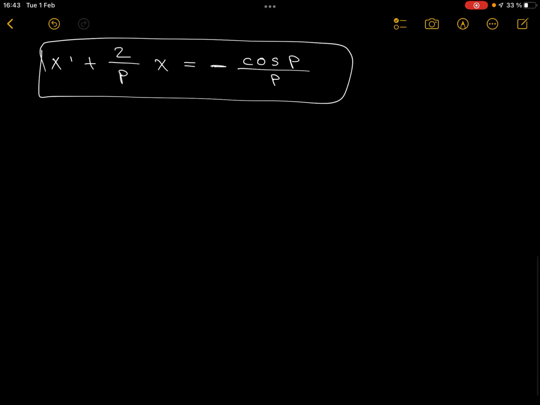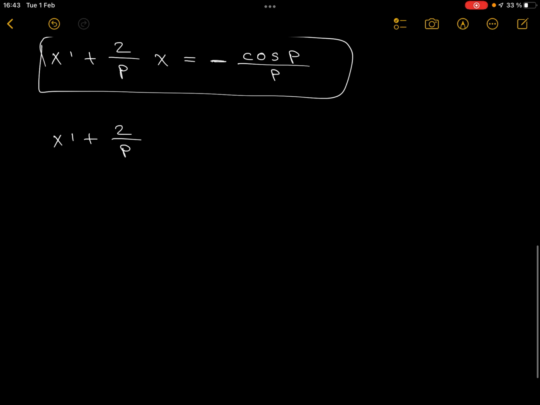So as I showed earlier, the first thing that we do when solving non-homogeneous linear differential equations, we have to solve their homogeneous versions.